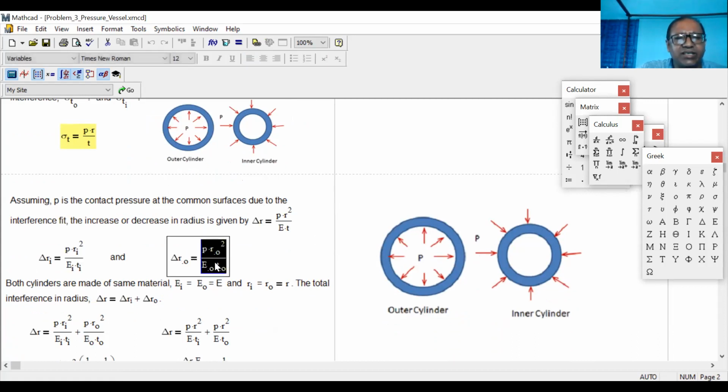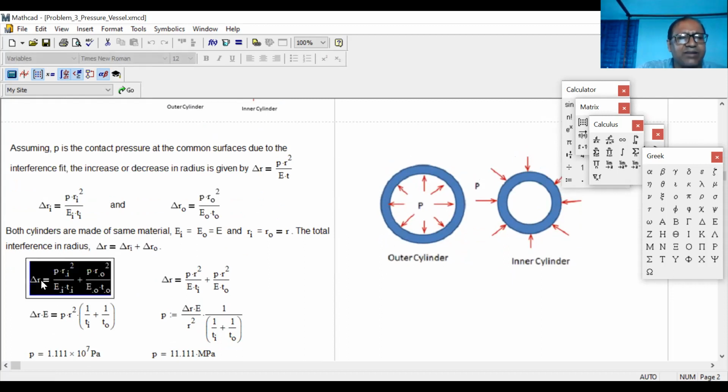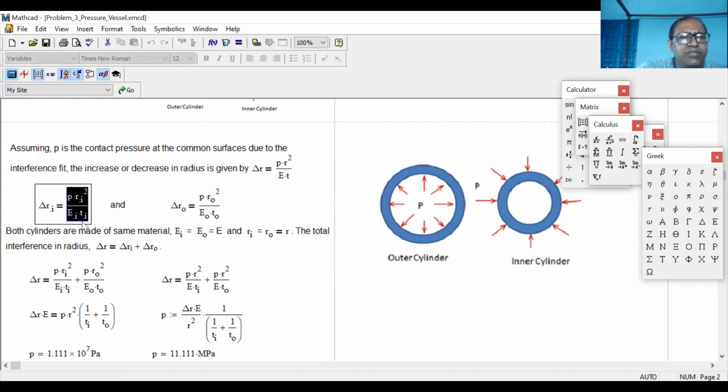For the outer radius, this much will decrease, right? So here our value is given, delta R. This delta R equals this value plus this value. So we just put in this formula.